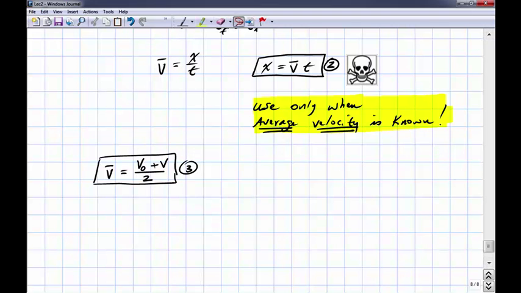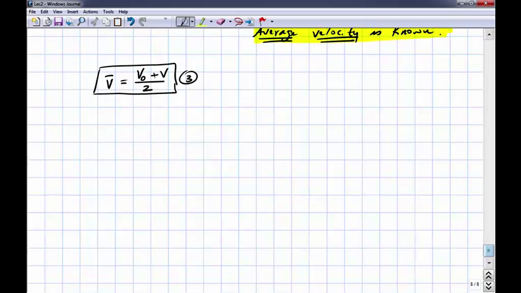What we'll do now is we'll substitute equation number 3 into equation number 2. So where I have a v bar, I'm going to put instead a v0 plus v over 2, and let's see what results. So we'll note this operation as equation 3 being substituted into equation 2, and if we do that, the equation becomes v0 plus v over 2 times t.